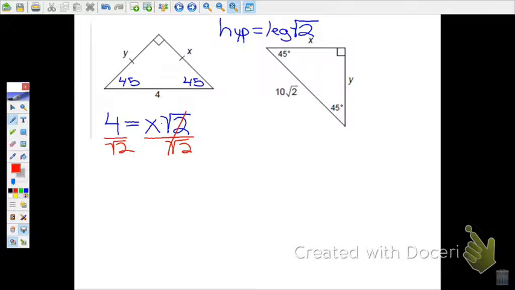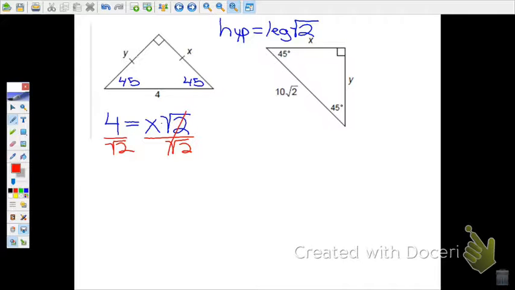I cannot stop there. Okay? When we learned about radicals in algebra, we learned that you cannot have a square root in the denominator. You cannot have square root in the denominator of a fraction. So we need to fix that. We need to get that square root out of there.